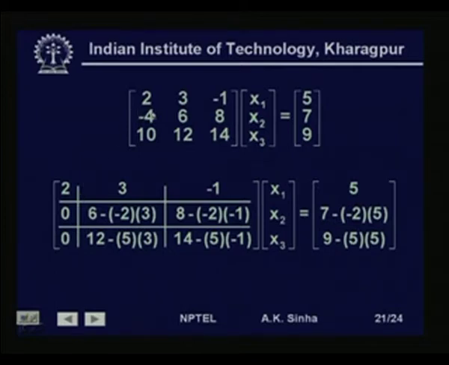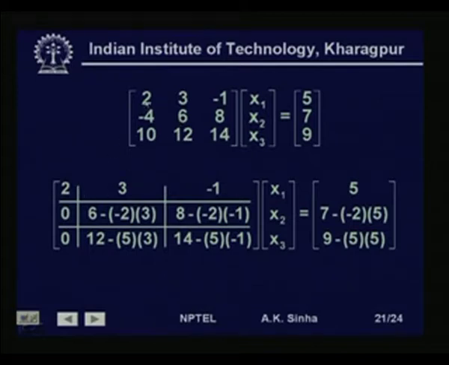So, we are going to multiply this row by A21 divided by A11. A21 divided by A11 is minus 4 divided by 2, which is equal to minus 2. So, we are multiplying this equation by minus 2 and subtracting it from this.